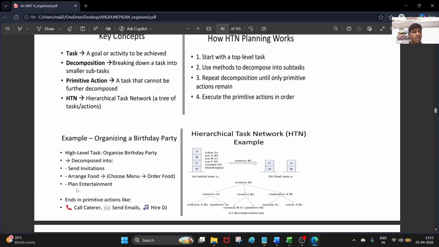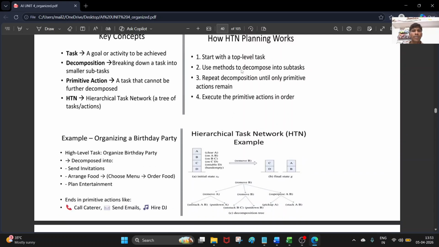These subtasks can be divided into primitive actions such as calling caterers, sending a mail, and hiring a DJ. Like that we can decompose into primitive actions, which cannot be decomposed again.